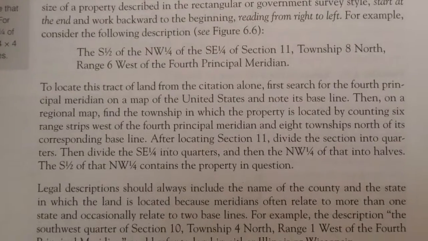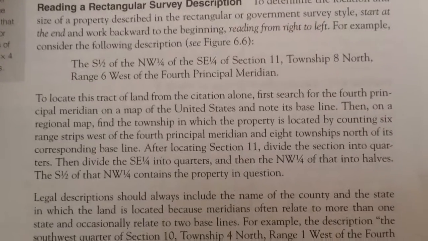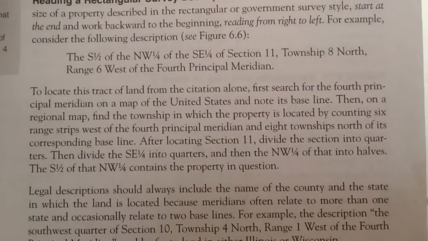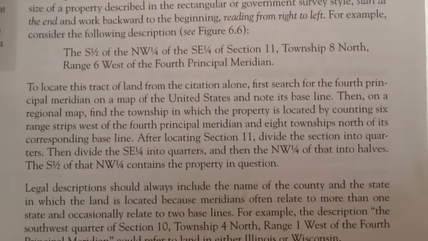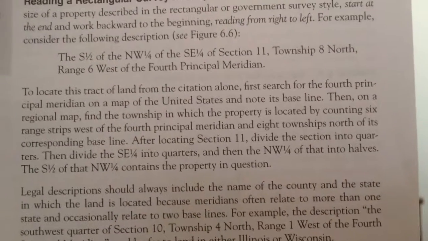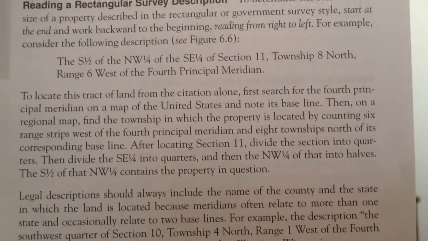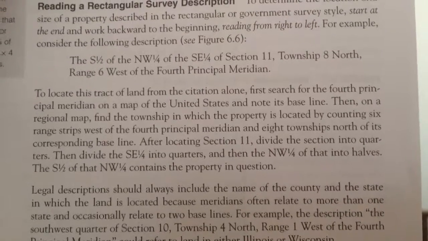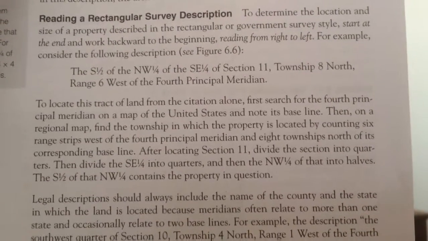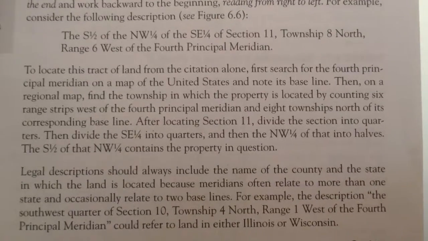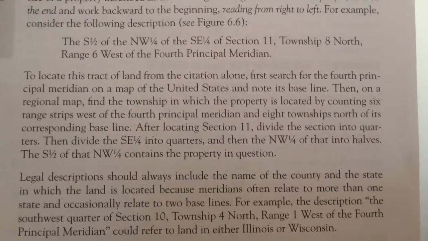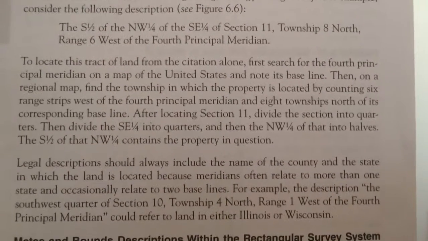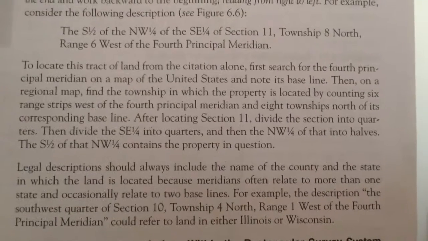To locate this tract of land from the citation alone, first search for the principal meridian on a map of the United States and note its baseline. Then, on a regional map, find the township in which the property is located by counting 6 range strips west of the 4th principal meridian and 8 townships north of its corresponding baseline.